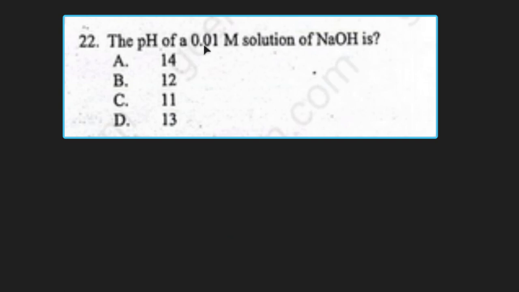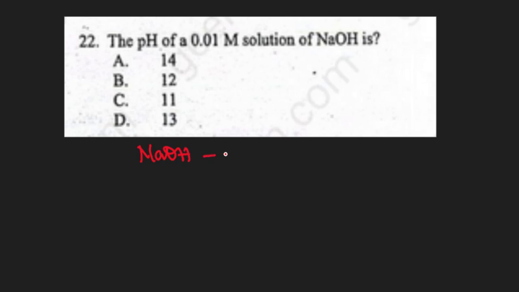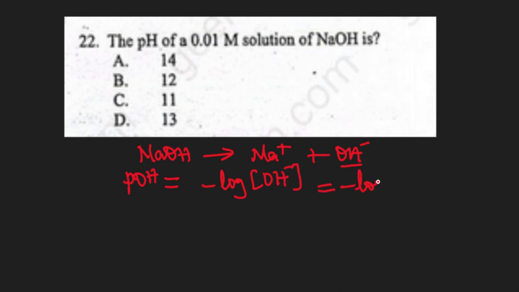22. The pH of a 0.01 molar solution of sodium hydroxide is, so this is a base. When you dissociate the base, we are going to have sodium ions and OH minus ions. What we are looking for is pOH. So the pOH for the alkali will be equal to negative logarithm of the hydroxide ion concentration, which will be negative logarithm of 0.01 molar.